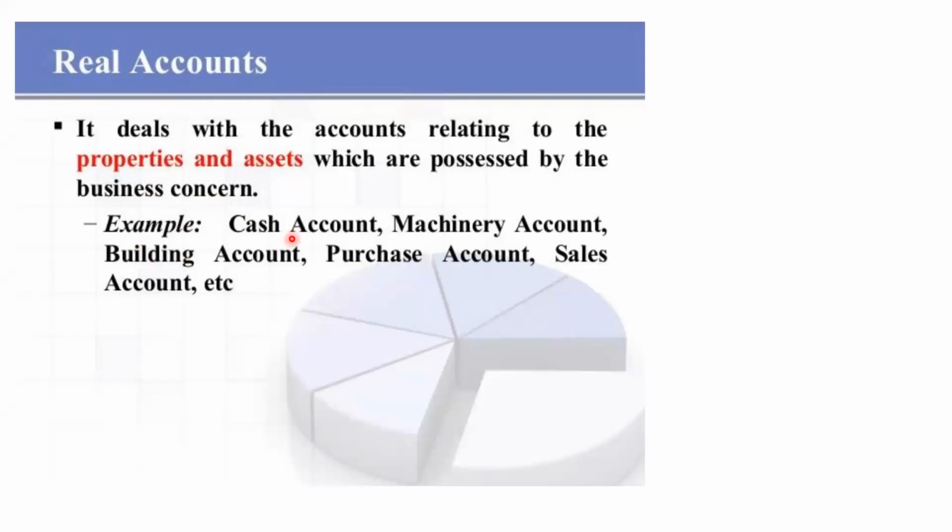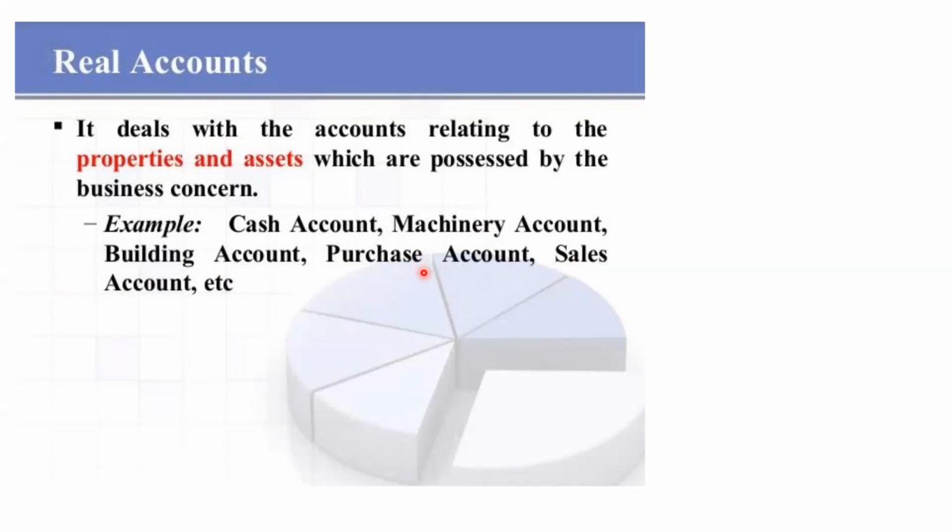Example, cash account. How much cash does a business hold in an account? That cash account is a real account. Then machinery account. You have bought machineries. Machinery comes under which asset, fixed asset or current asset? It comes under fixed asset. Then building account. Building comes under fixed asset. Purchase account.